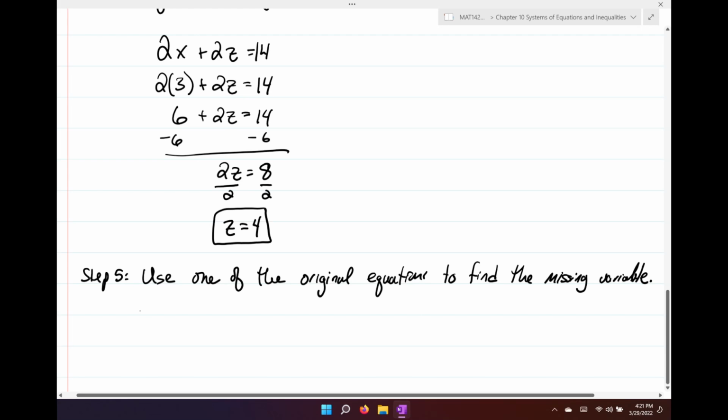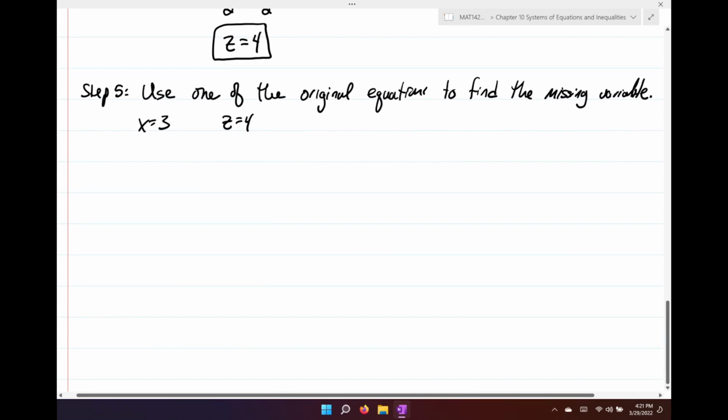So we know x equals 3. We know z equals 4. And we're going to choose one of the equations from above. It doesn't really matter. I'm just going to choose equation 1, which is x minus 2y plus 3z equaled 1.